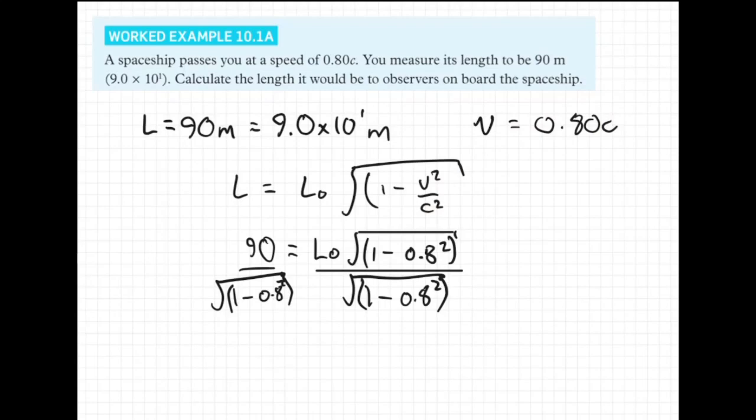We end up with L0 equals 90 divided by the square root of, that'll be 0.64, so the square root of 0.36. All right? Square root of 0.36.